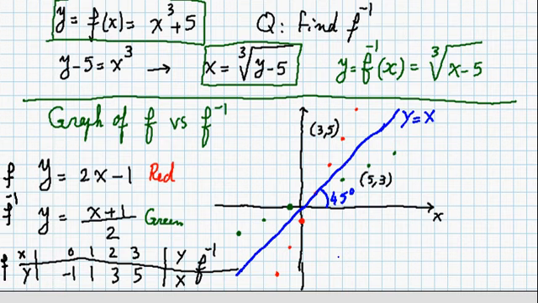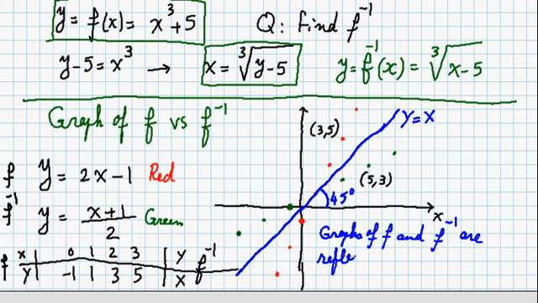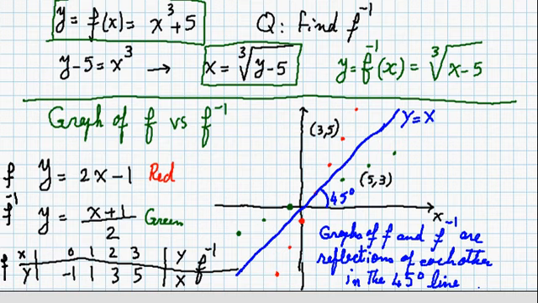Graphs of f and f inverse are reflections of each other in the 45-degree line. Let me write that. Graphs of f and f inverse are reflections of each other in the 45-degree line, which has equation y equal to x.